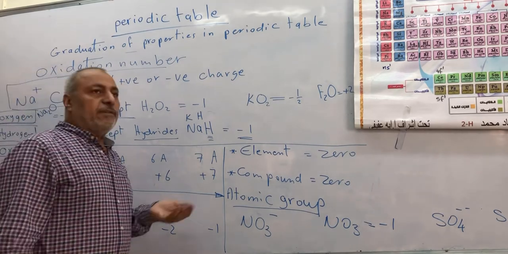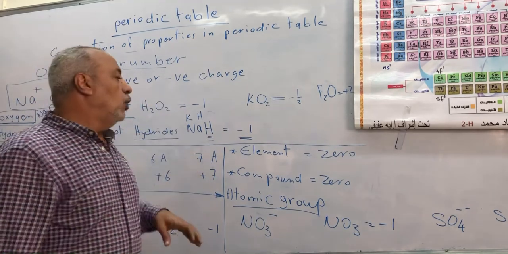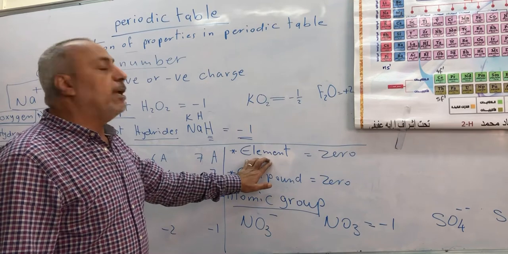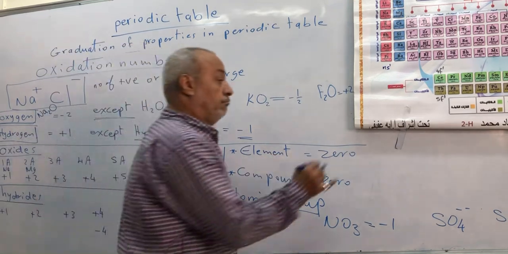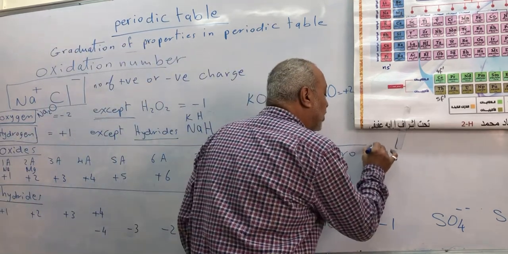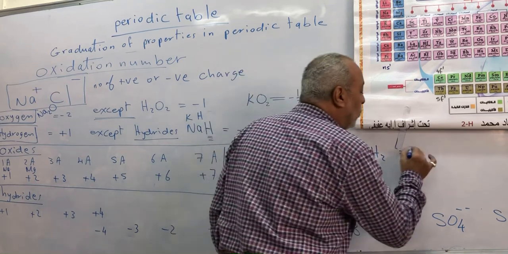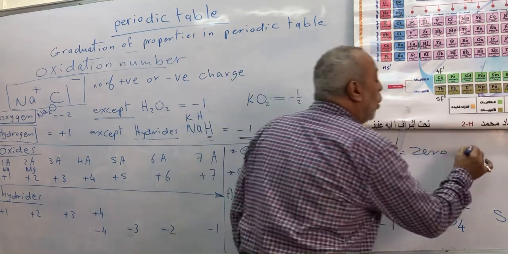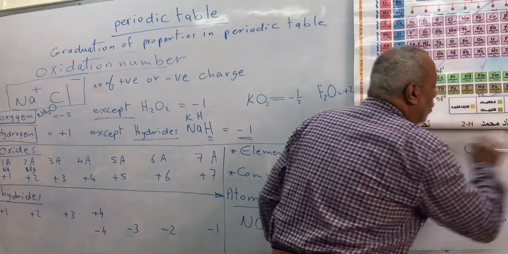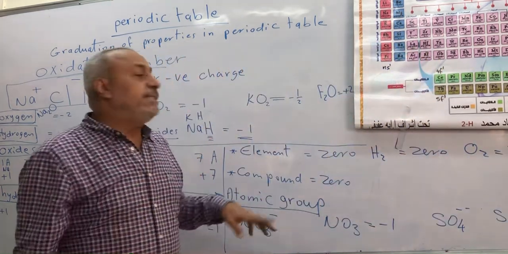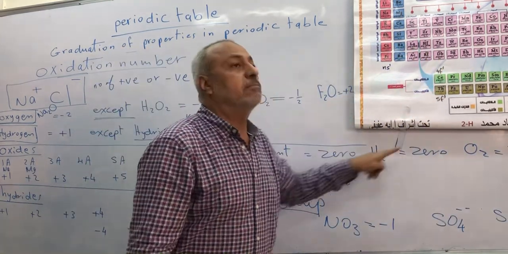Then we have some general rules. Number 1, the oxidation number of a free element equals 0. In the case of He2, the oxidation number equals 0. O2 equals 0 because they have the same effect on electrons.